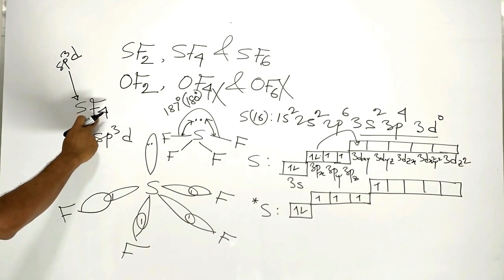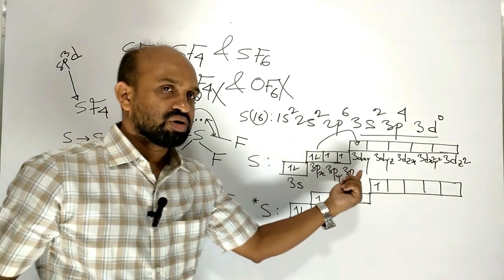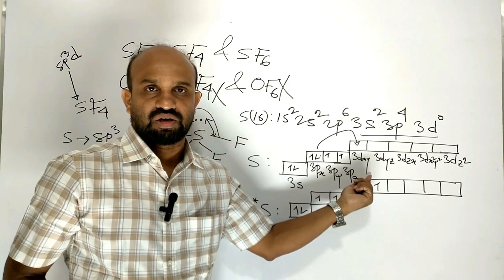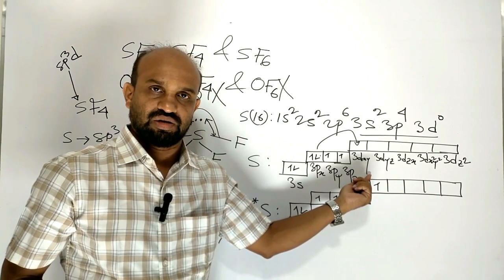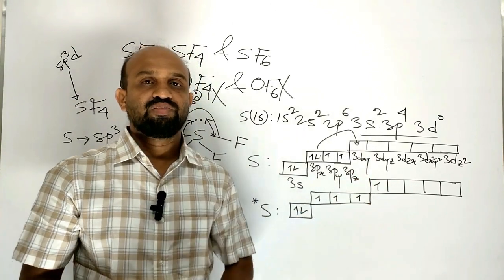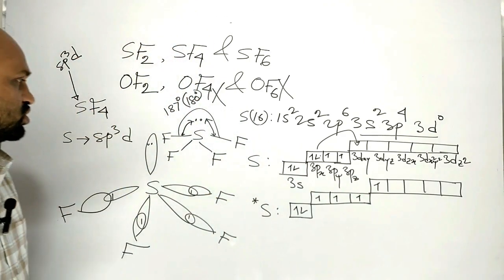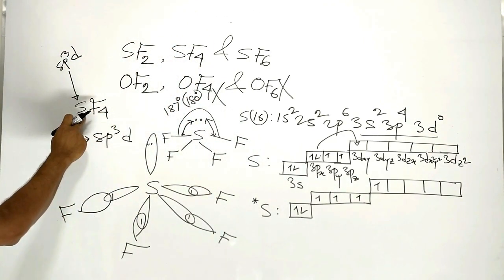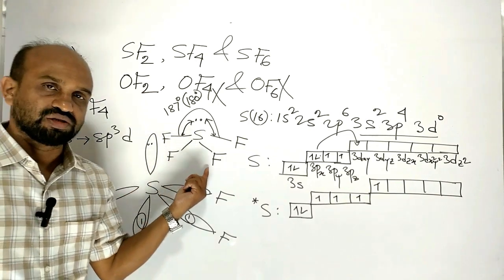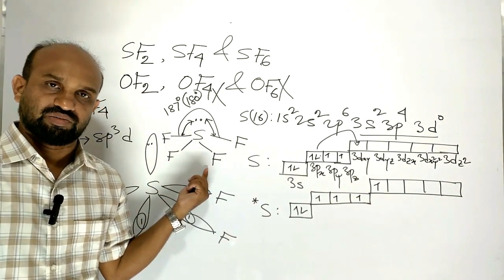Sulfur tetrafluoride is formed because of the presence of vacant d orbital. So here d orbital is responsible to form sulfur tetrafluoride, and its shape is trigonal bipyramidal.